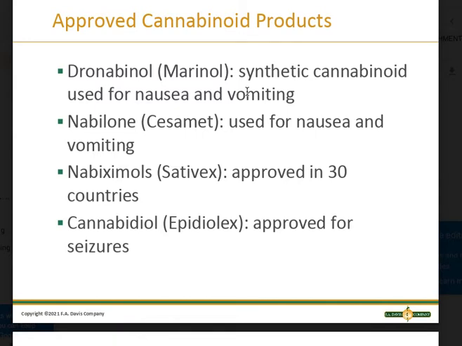You've got Nabilone and nabiximols. I haven't seen that one before, and I don't think it's approved in the United States at this point. And then cannabidiol, Epidiolex, which is approved for seizures. I know somebody who takes this. It's fairly effective. It's a lot more stable, and the dose is equivalent from batch to batch compared to over-the-counter CBD oil.